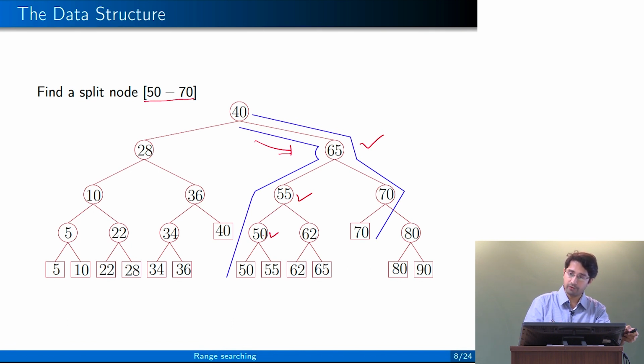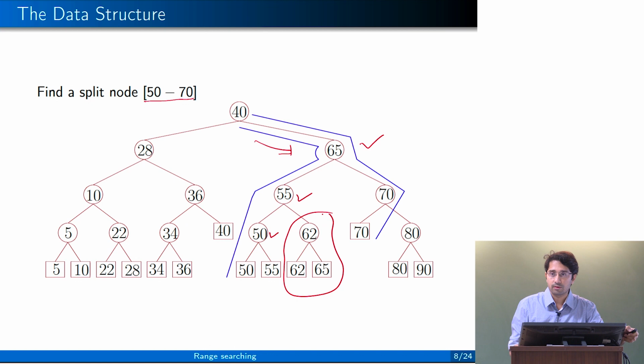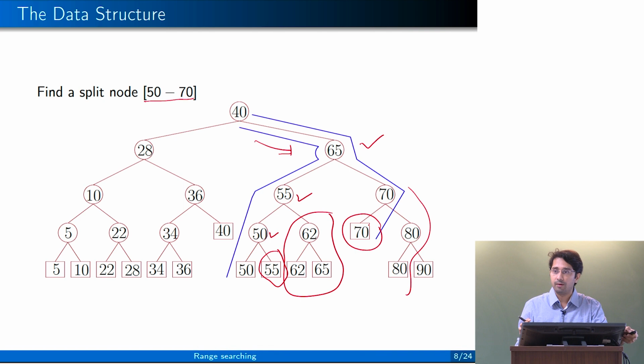From 55 to 50 I am moving left, so I have to report all these nodes. So, all these become black nodes. 55 becomes a black node. Similarly, here at 70, if I have to move right, suppose the search path is something like this, then 70 would have become a black node. Okay, very nice.